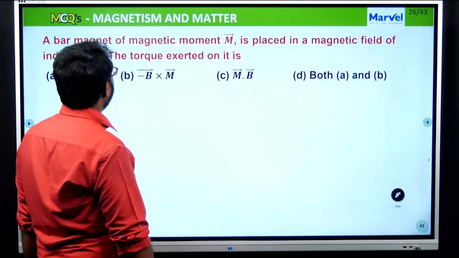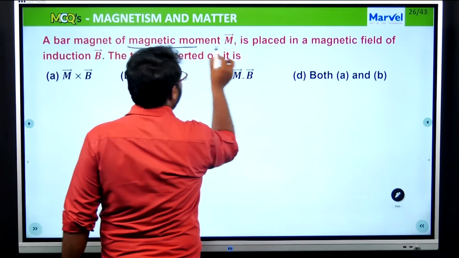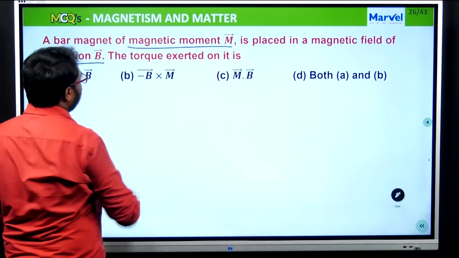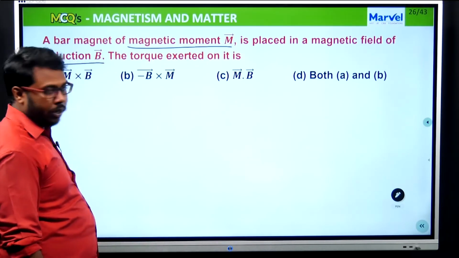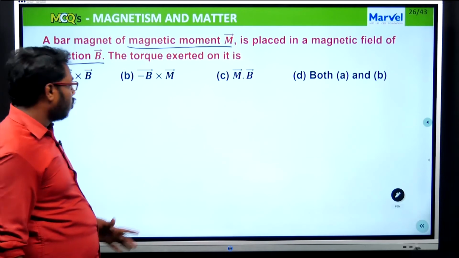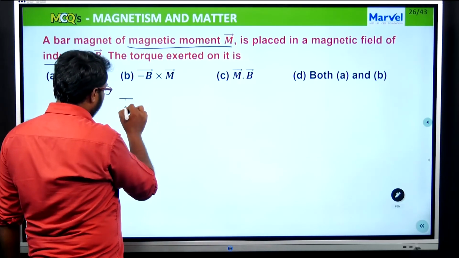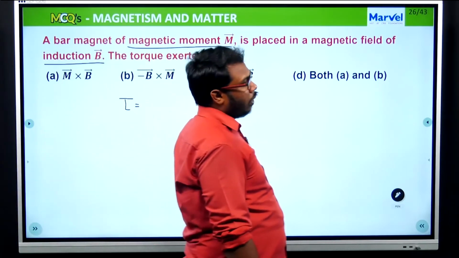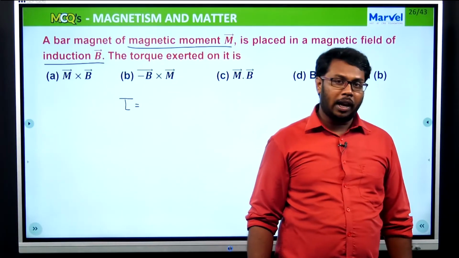A bar magnet of magnetic moment m bar is placed in a magnetic field of induction B bar. Then what is the torque exerted on it? As I have already said, the magnetic field is an inverse squared force, so is the electric field.